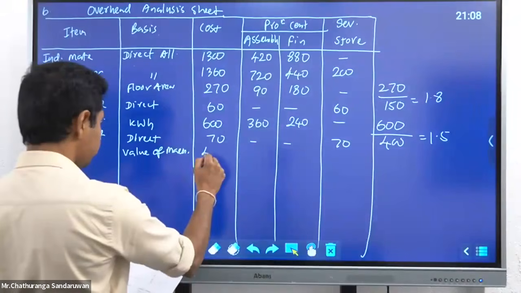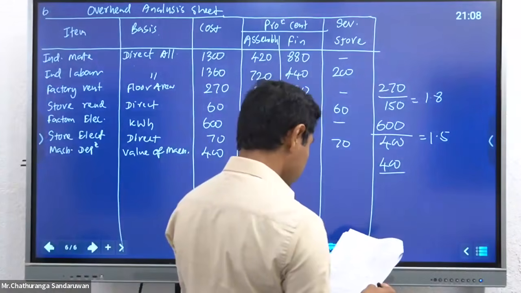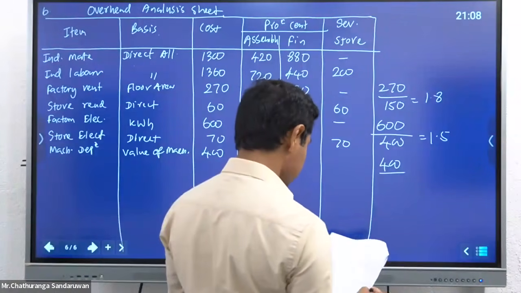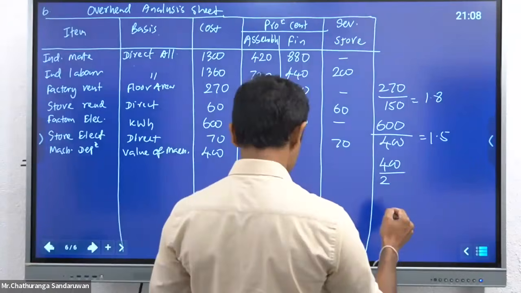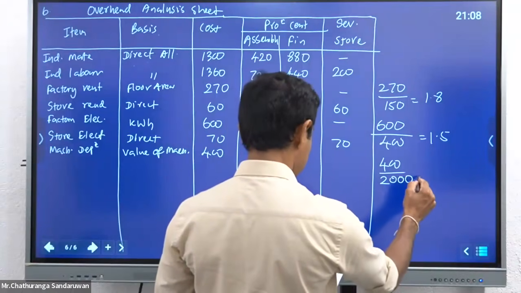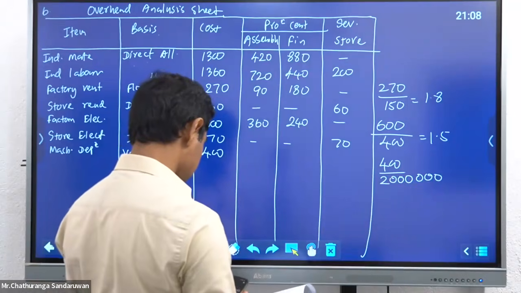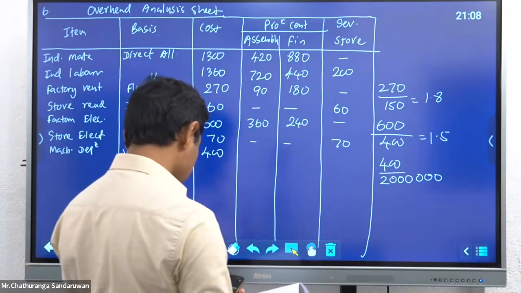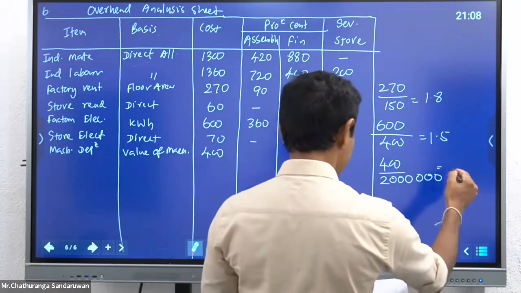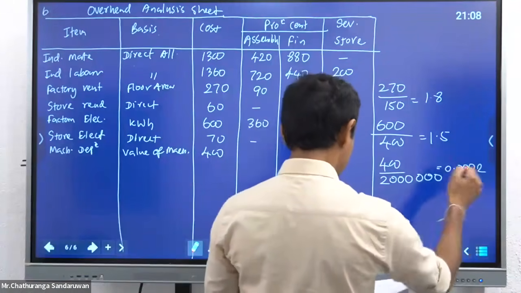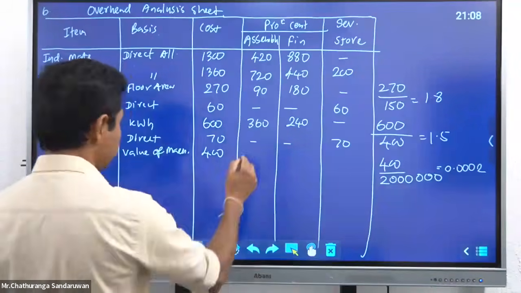Depreciation is 400. 400 is divided by value of machinery, say 2 million, or you can take 2000 or 20 even, right? 400 divided by 2 million, we get a decimal point, but you know the apportionment, right? 0.0002, that into 800,000, 160.